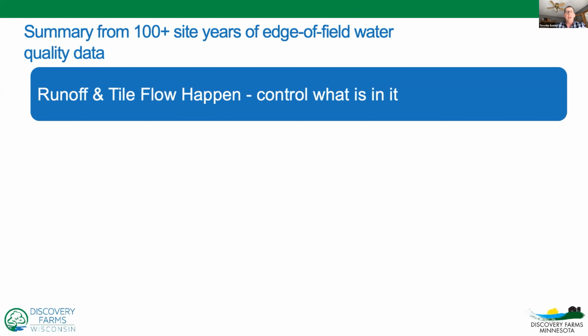So we just live in a region where we have excess water at different times of the year. And it's hard to really limit how much water we get and how much water runs off our fields with the practices that we have. However, we can control what's in that water in terms of sediment and nutrients in the way we manage our fields and time our field operations.